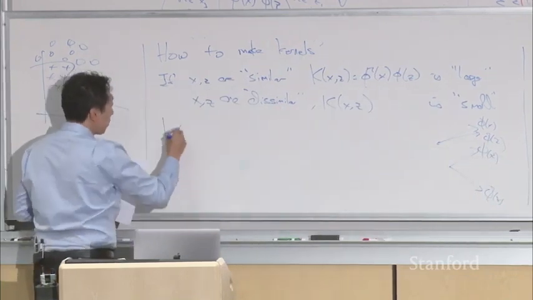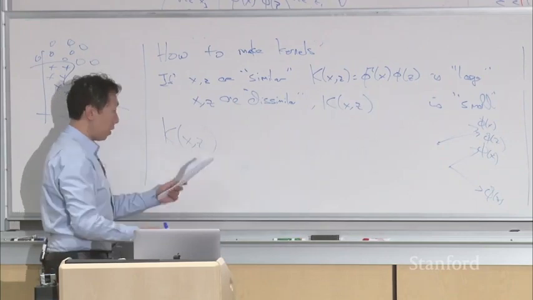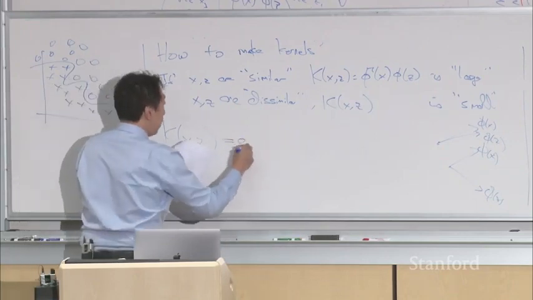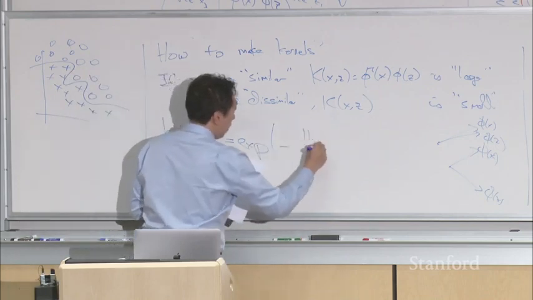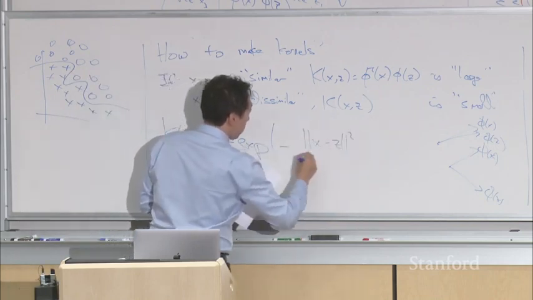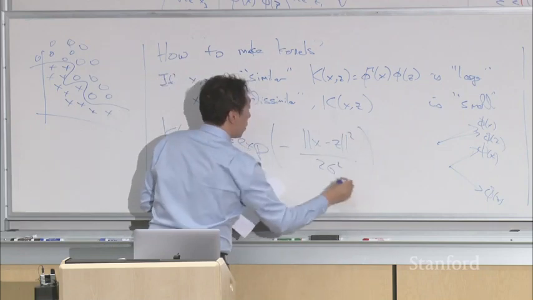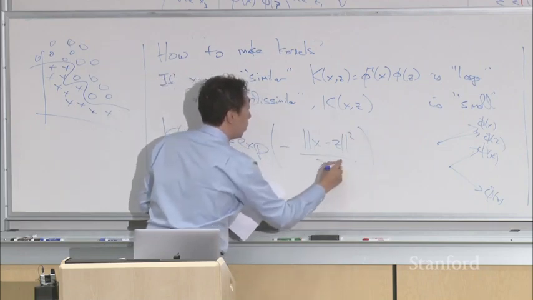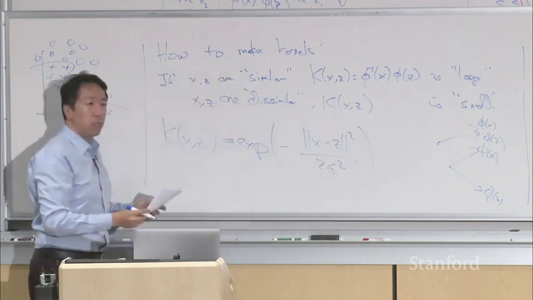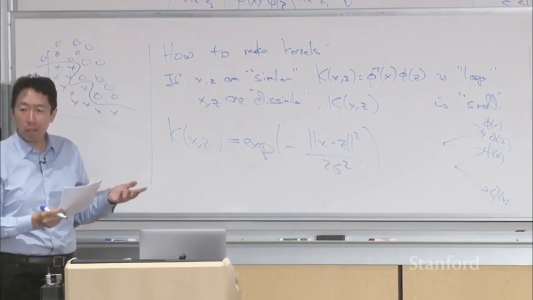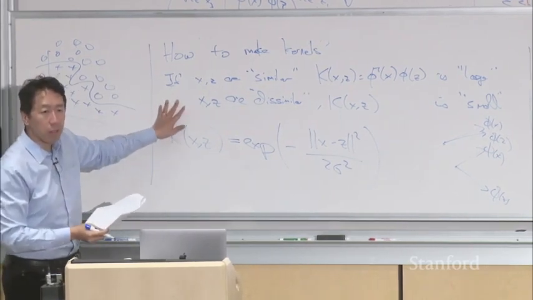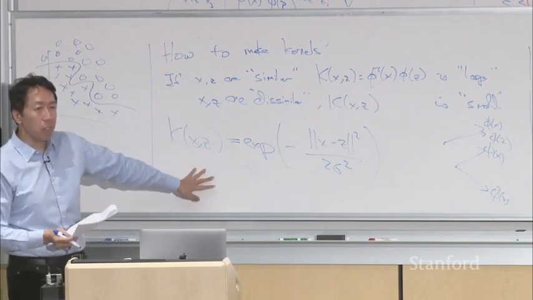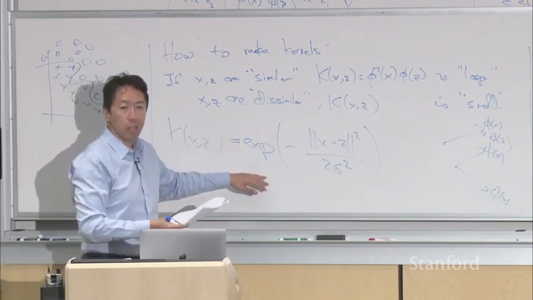And so, what if you just pull a function out of thin air, which is k of xz equals e to the negative norm of x minus z squared over 2 sigma squared? So this is one example of a similarity. If you think of kernels as a similarity measure function, let's just make up another similarity measure function.